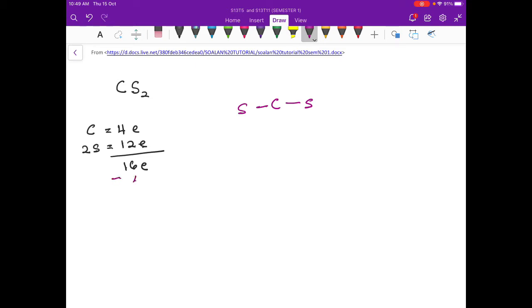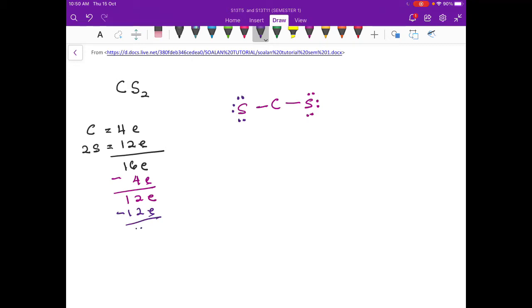We already use 4 electrons and we have another 12 electrons extra. So we locate the electrons around the terminal atoms first. So 12. So all the electrons are already used.